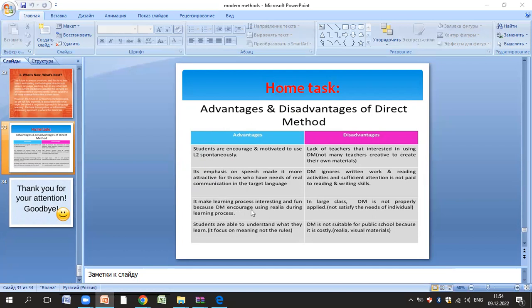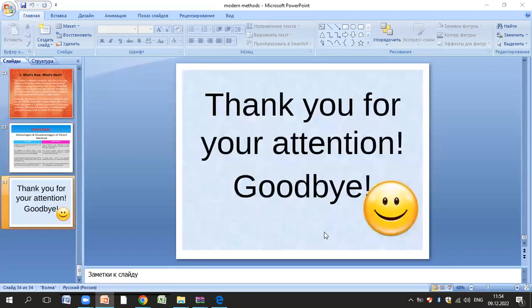It makes the learning process interesting and fun because students are encouraged to use the language during learning. Students are able to understand what they learn. Disadvantages: it ignores reading work and reading activities, and sufficient attention is not paid to reading and writing skills. It is not properly applied in large classes. It is not suitable for public schools because it is costly.